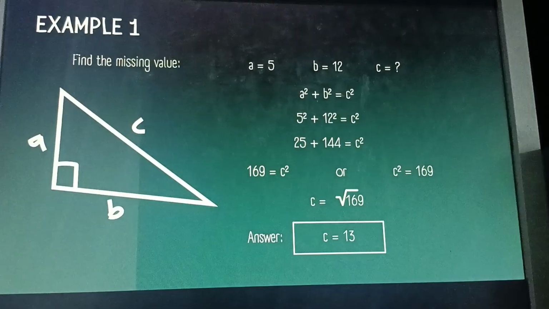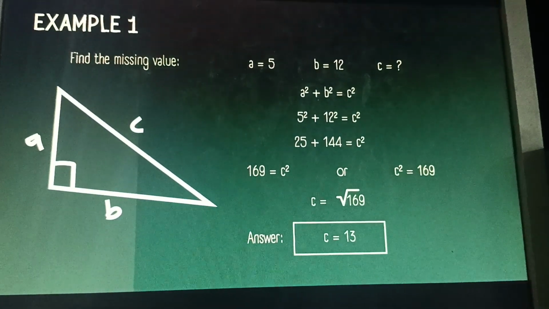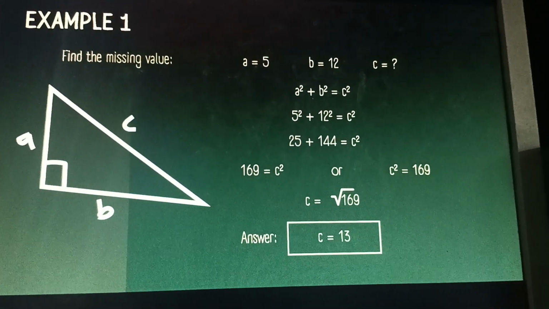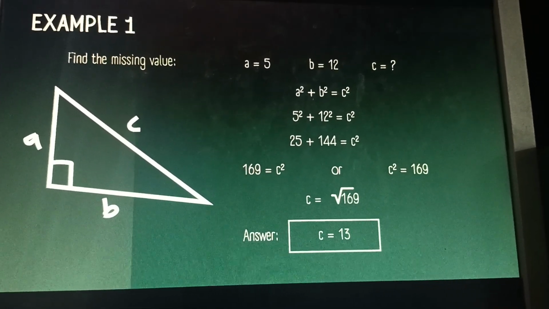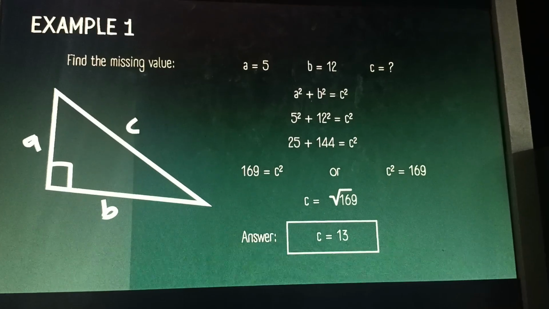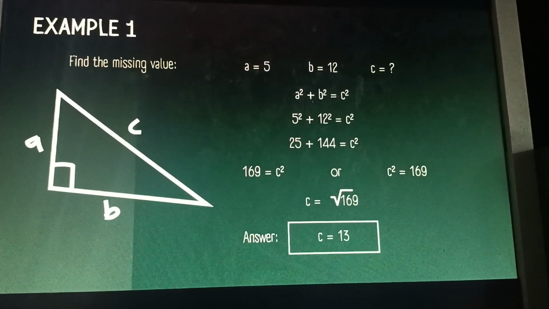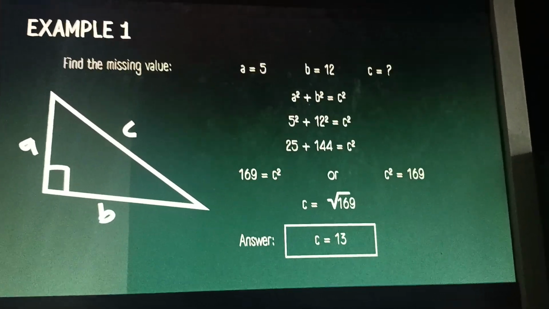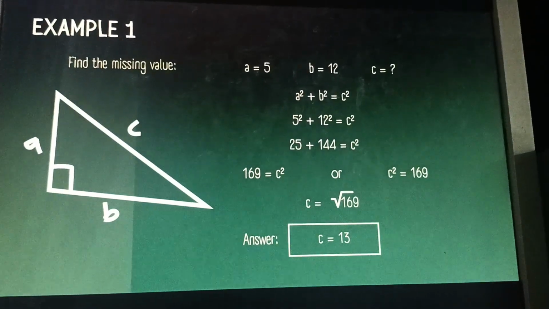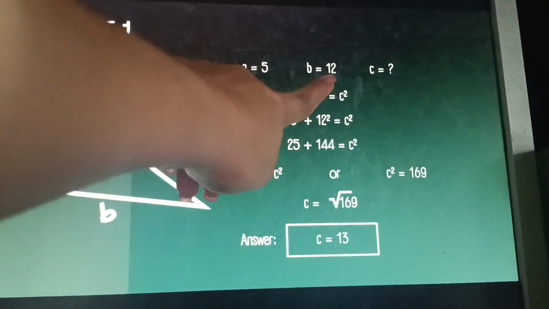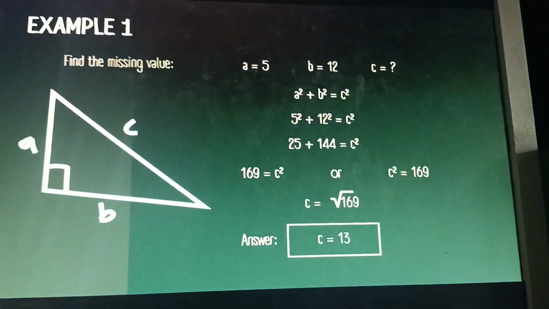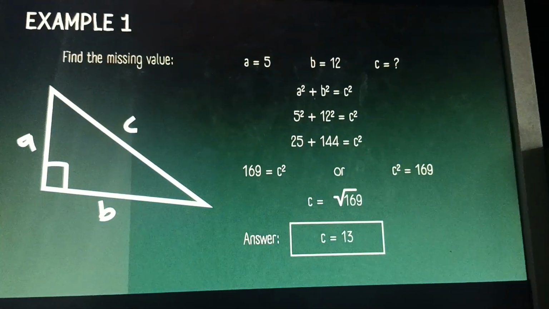And then let's have an example. We will look at the figure. That's a right triangle, and there is a label of side a, side b, and side c. If the given is a equal to 5 and b equal to 12, then c is missing.